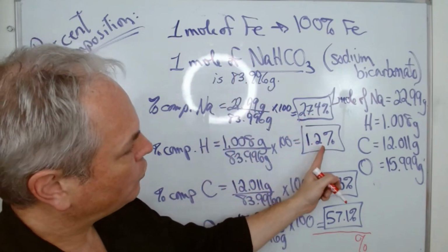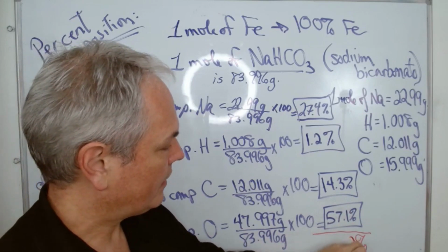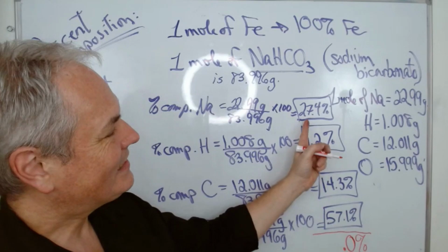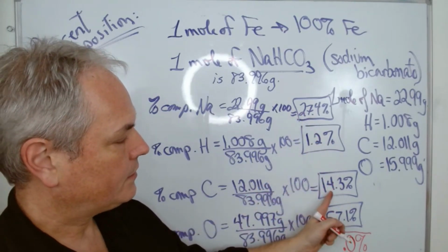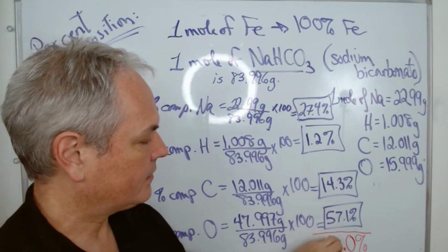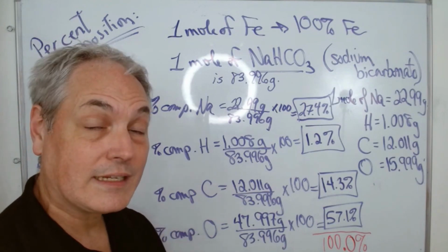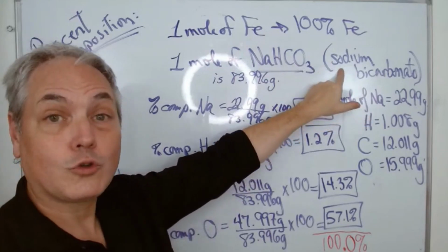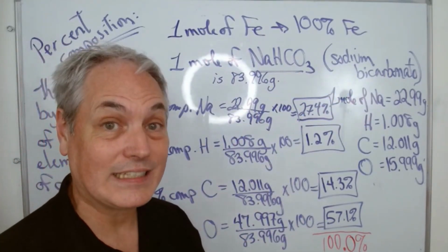So 27.4 plus 1.2, plus 14.3, plus 57.1, I end up with 100%. So when looking for percent composition, I was able to figure out for sodium bicarbonate all the calculations that I needed.